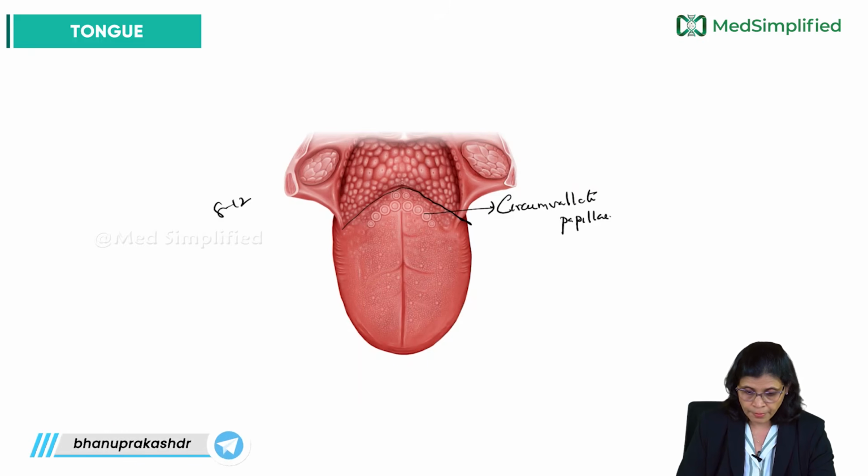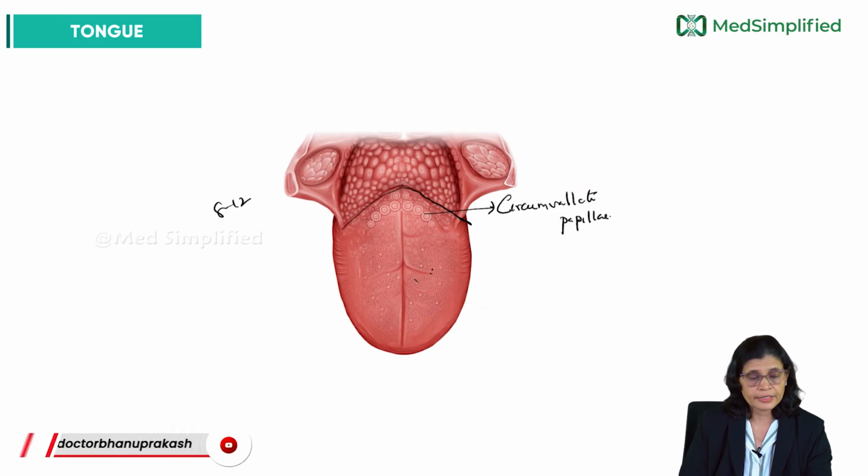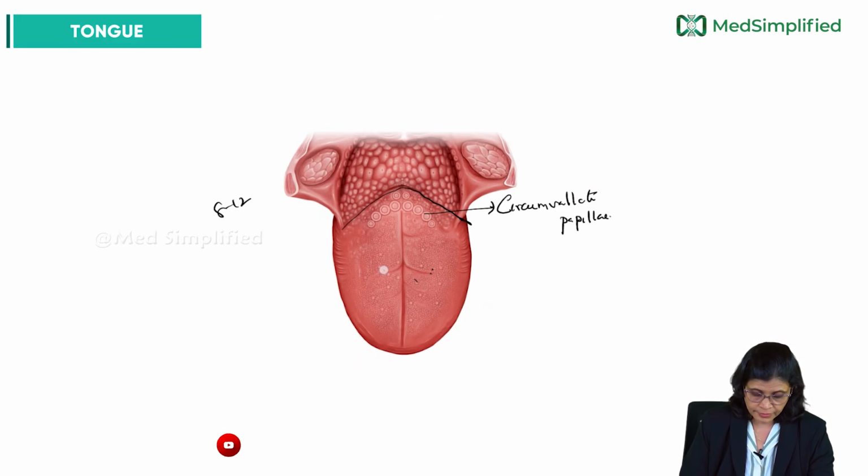The filiform papillae are the smallest papillae which we see, and they are present all over the tongue with pointed tips. Histologically, they are covered by keratin, and that provides a rough surface to the tongue, which prevents the slipping of the food over the tongue.